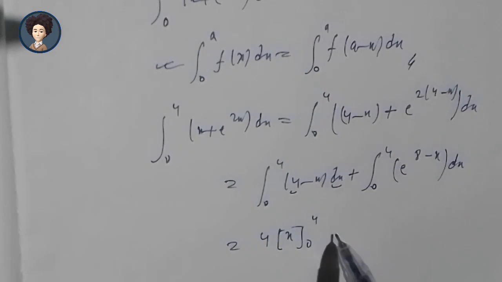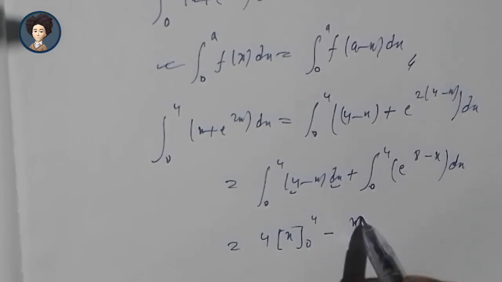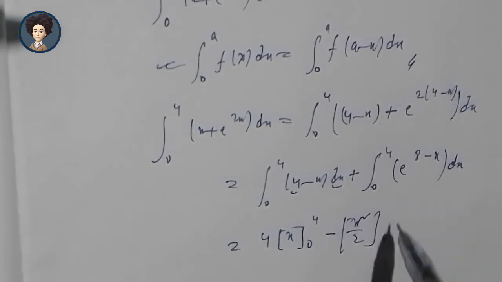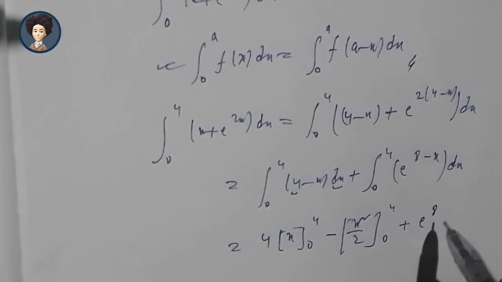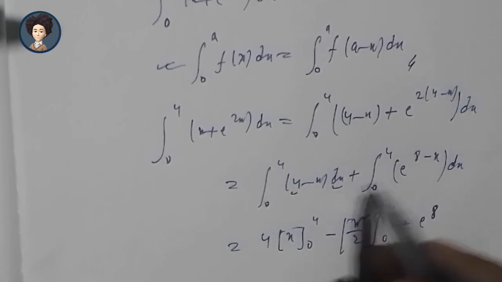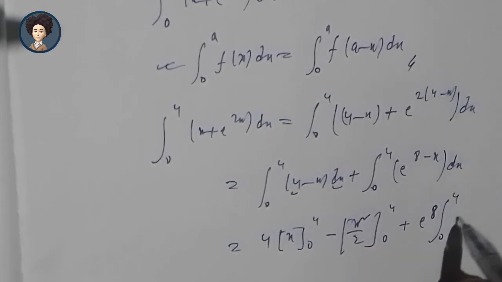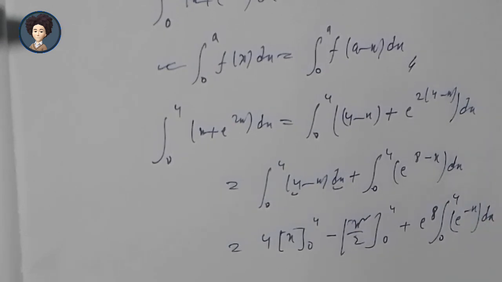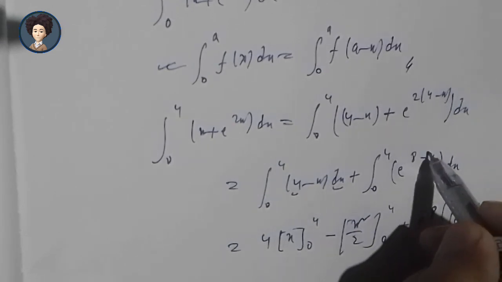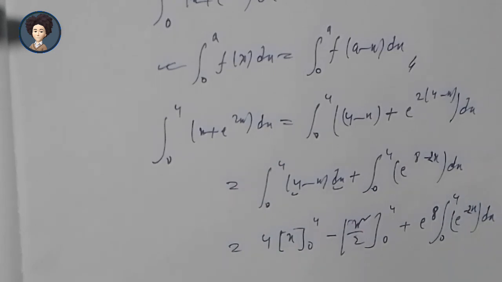And again, the integration of these terms will be 4x minus x squared by 2, from 0 to 4, and plus, since here e to the power 8 is constant, we can bring it out, and from 0 to 4 here is left e to the power minus 2x dx. So this will be 2 left.